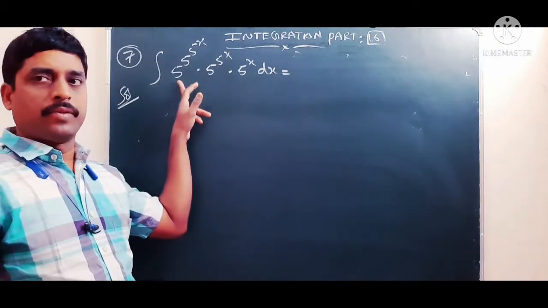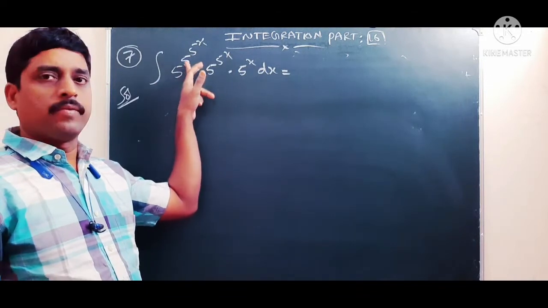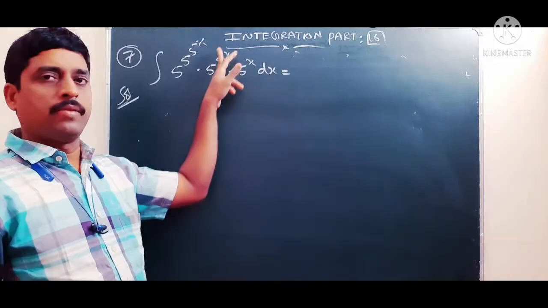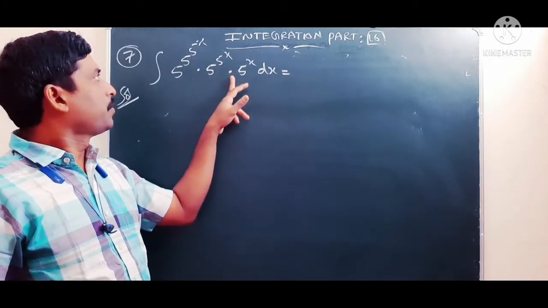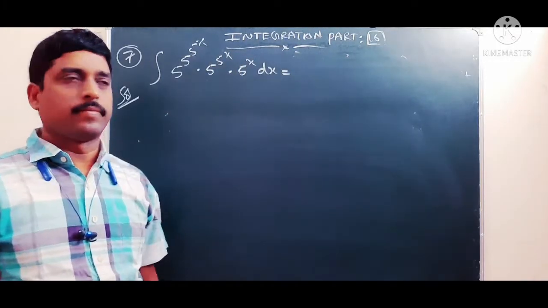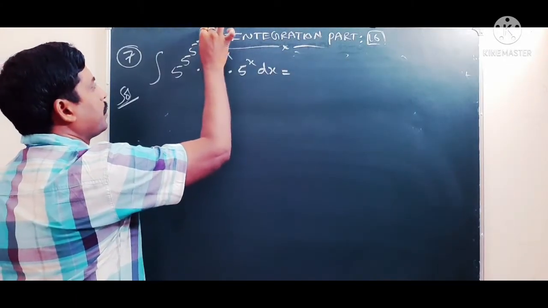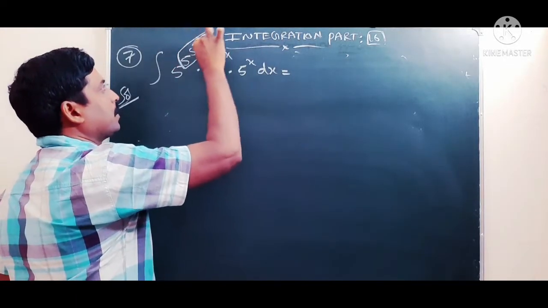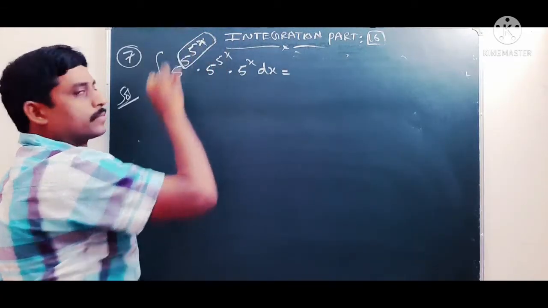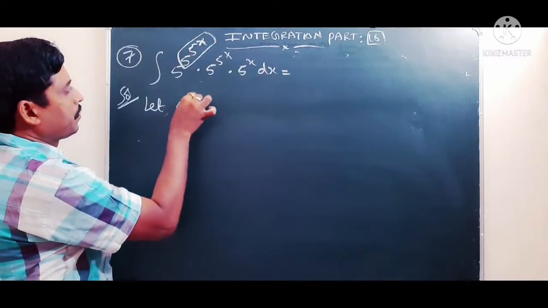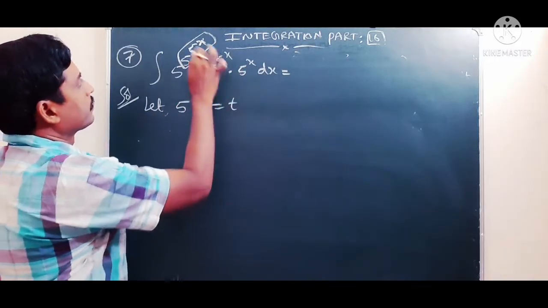Integral of 5 to the power 5 to the power 5 to the power x into 5 to the power 5 to the power x into 5 to the power x dx. So let us take 5 to the power 5 to the power x equal to t.